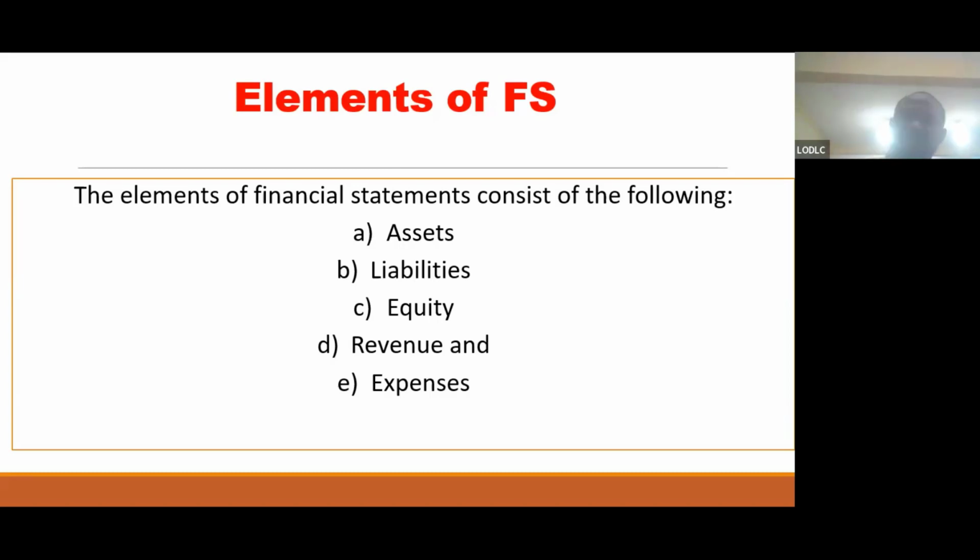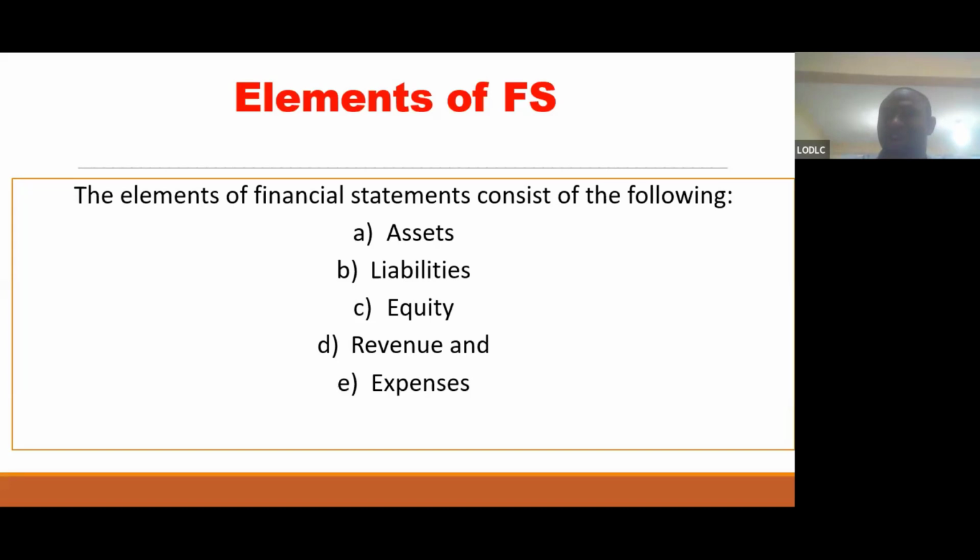So that is the reason why it is a present obligation, controlled by the entity as a result of past events, but the revenue generated from the liability is flowing out of the entity. So it's not a benefit for the entity, but for the borrower's lender. That's why when you borrow money, you pay the principal and you pay the interest.